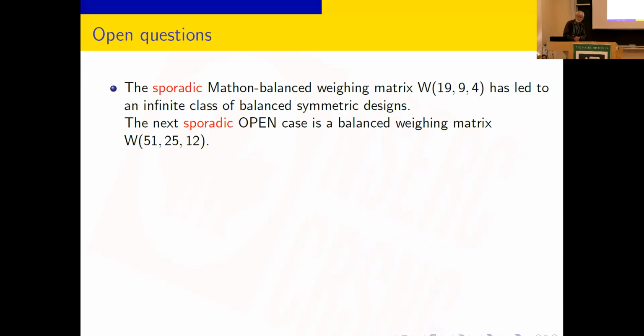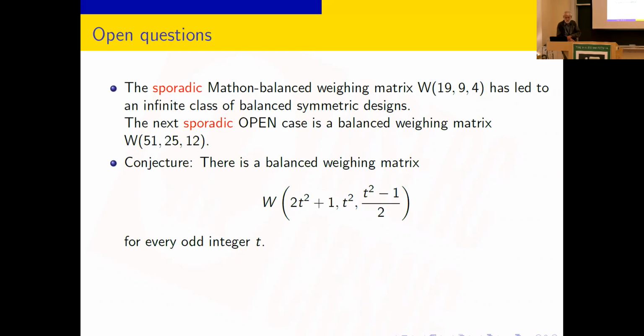We don't know the answer, but my feeling is that, yeah, there is one. But indeed, I want to conjecture that there are actually a lot of those, but I don't think they're easy to find. Namely, of order 2t squared plus 1, t squared, and t squared minus 1 over 2. For every integer t, I think there's one.